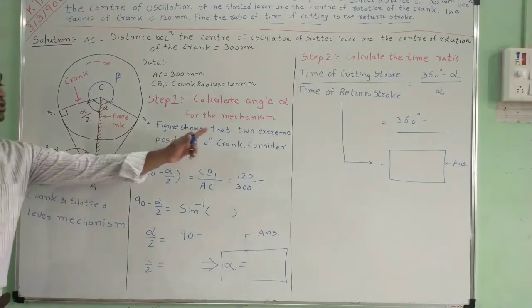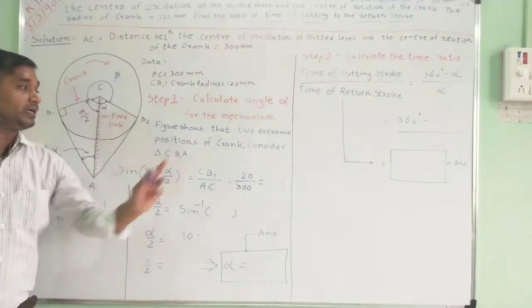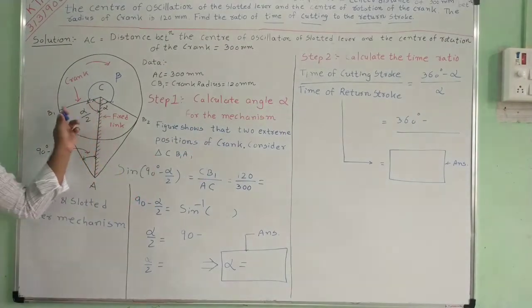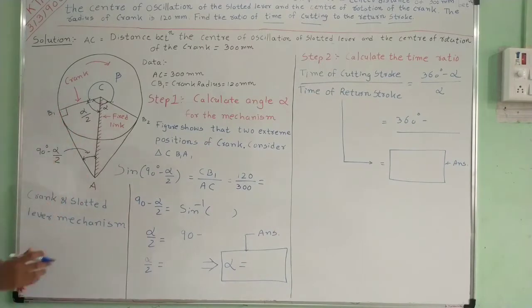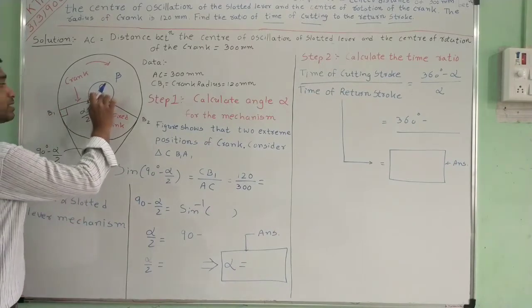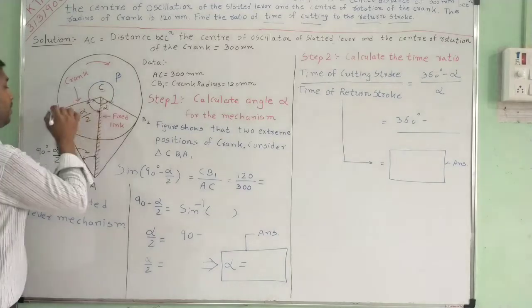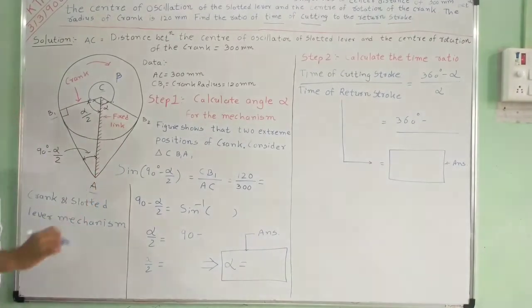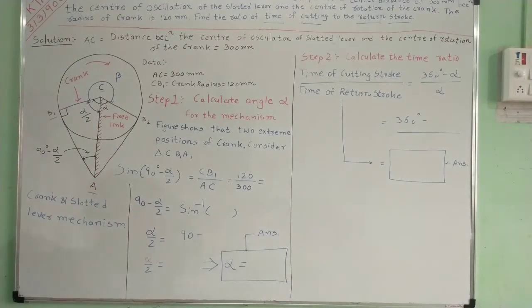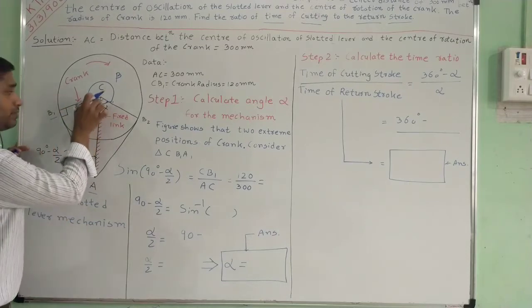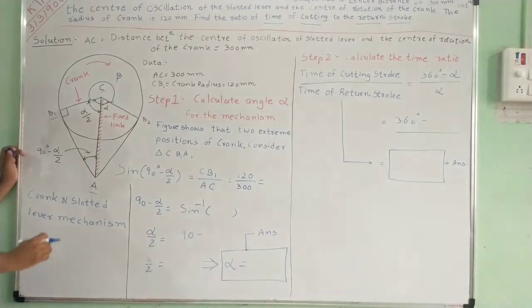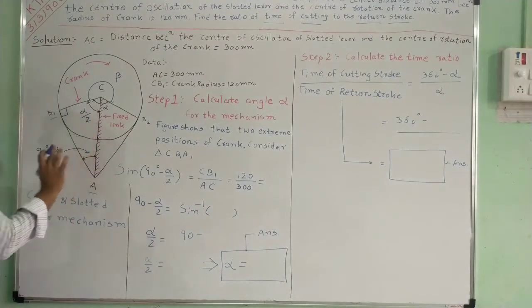The figure shows the two extreme positions of the crank. Consider triangle CB1A. This angle makes a 90-degree angle. This makes half angle, alpha by 2, and this angle is 90 minus alpha by 2.